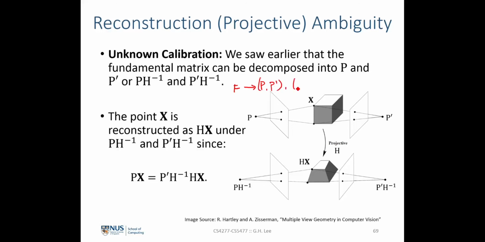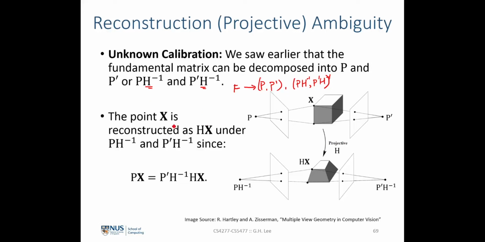In fact, there is a whole family of solutions that fulfill this decomposition, under a 4x4 non-singular projection matrix H given by this particular relation. And we can rewrite this using its inverse. Since this H is a linear mapping which is invertible, in order for us to prove this relation, let's denote this as H inverse.